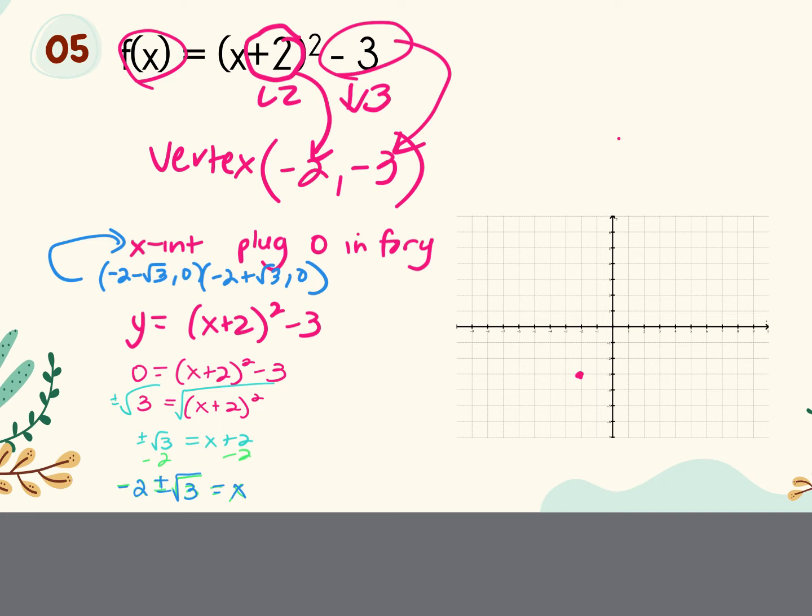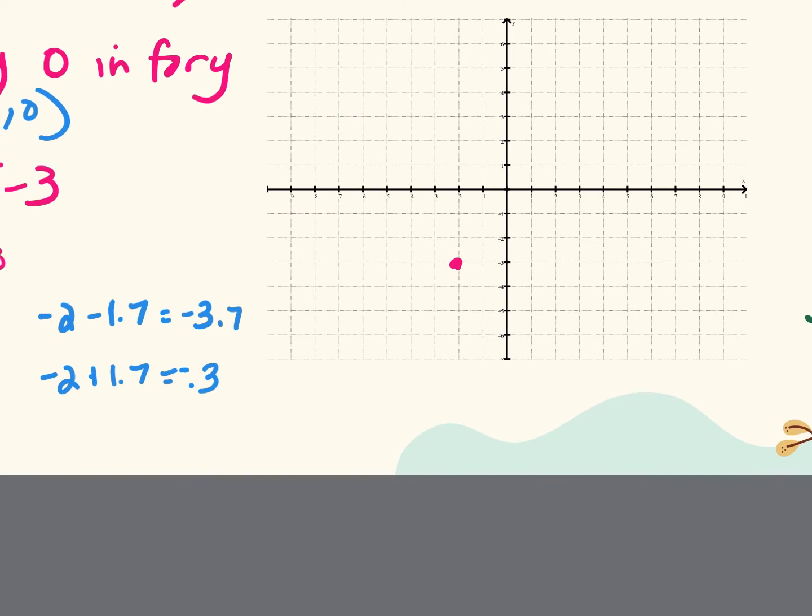But you could say that's like a 1.7 or 1.8 even. So I'd get -2 minus 1.7 and -2 plus 1.7. This would give me -3.7 and this would give me -0.3, sorry. So on my graph, I'm going to go to -3.7 and I'm going to go to -0.3 and plot my coordinate points.